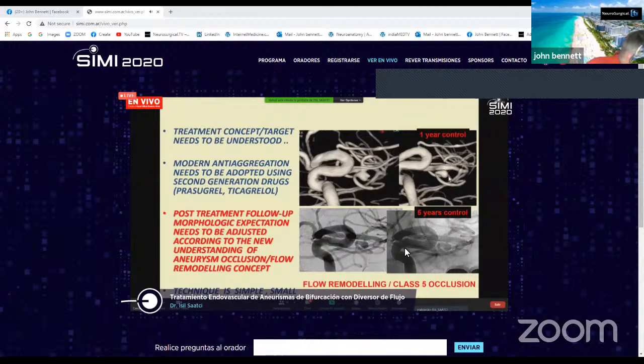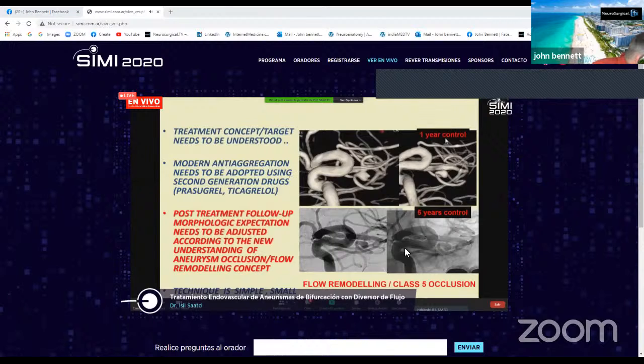We see modification to keep the flow in this branch because there is a flow demand.